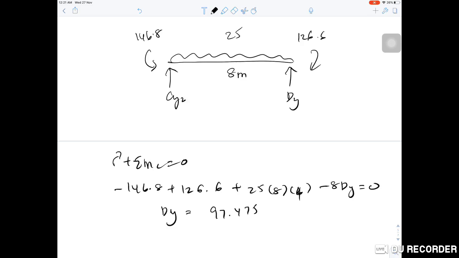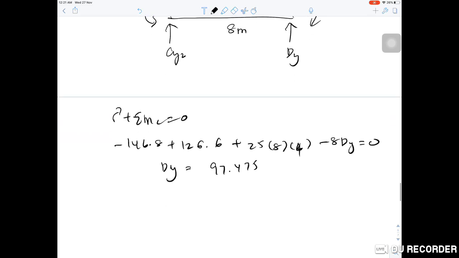So it is 97.475. Okay, check back. Negative 146.8 plus 126.6 plus 25 times 8 for P and length is 4, divided by 8. It is 97.475.